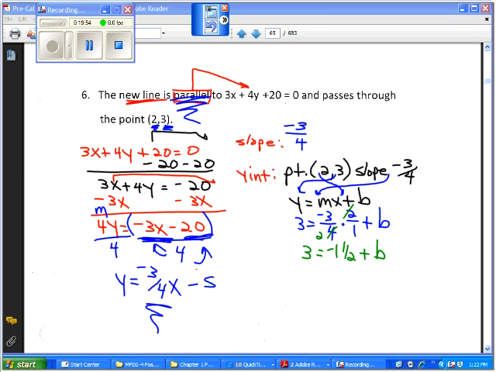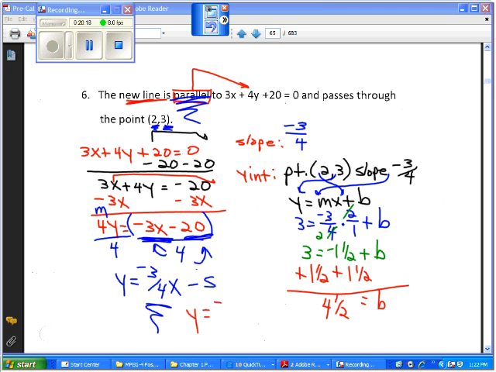You can leave it improper if you want. We're going to get rid of subtraction by addition, so we're going to add 1 1/2 to both sides. And so we have the y-intercept is 4 1/2. So now I can write my equation.